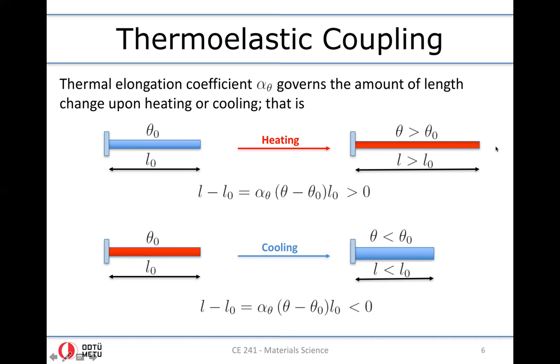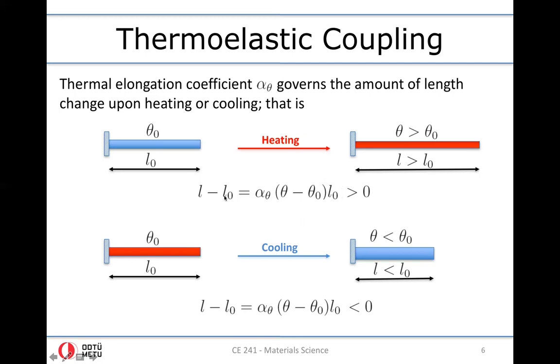When you heat up a material, of course, the length will increase and the current length is denoted by L. So the thermal elongation coefficient, alpha theta, is the coefficient that governs the elongation of this specimen. In other words, the difference between the current length and the initial length, L minus L0, is given by the thermal elongation coefficient alpha theta times the change in the temperature times the initial length.